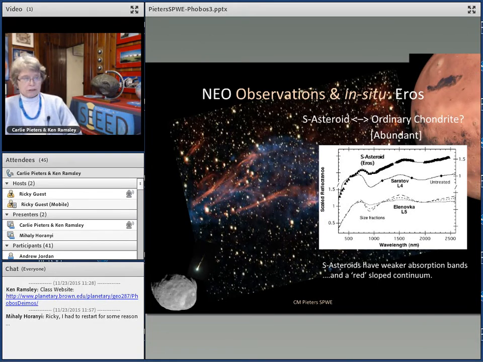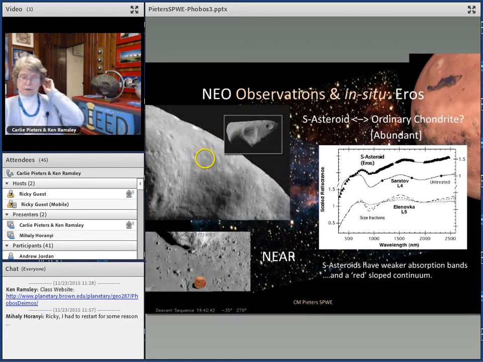So one group of people thought, well, this is just like lunar. It's just not as much, just a little bit of space weathering. And another group says, no, it can't occur because of the environment on asteroids. This has to be a compositional difference. These asteroids have a lot more iron in them, and they're nothing like the ordinary chondrites. Well, as you probably know, the NEAR spacecraft went to Eros.